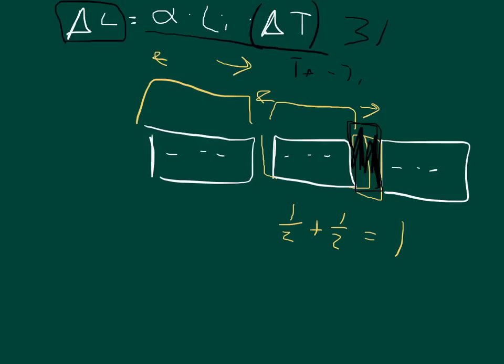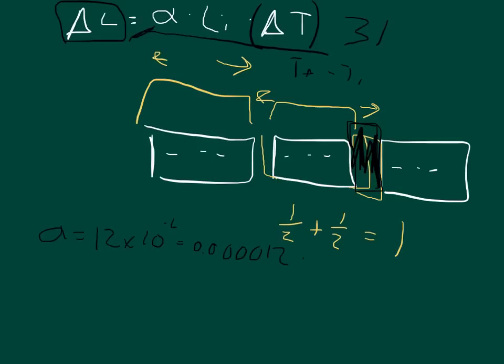And so from table 1 that you can link to, the coefficient of linear expansion, alpha, is equal to 12 times 10 to the negative 6th, or you could put 0.000012.